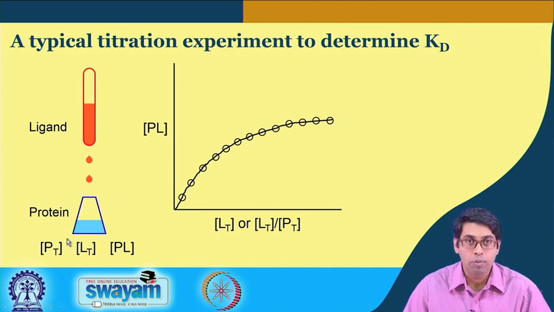So, the concentration of this protein is given by P total. And what we have up here is a burette or a syringe or some device where we have a ligand. So, we also know the concentration of this ligand, but this is the stock solution. So, this concentration is not going to be very useful in the titration experiment. We have to recalculate the concentration of the ligand that goes in here.